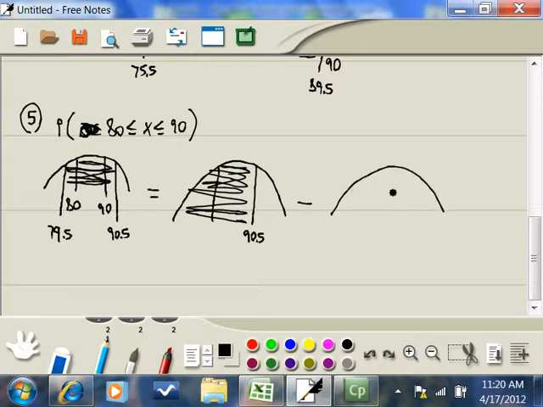And if I subtract off 79.5, now here's 79.5, and what we want is what's shaded in between them. So if I subtract off what's shaded to the left, which is this one, that's going to give us everything in between 79.5 and 90.5. So both of these are in perfect form for Excel.